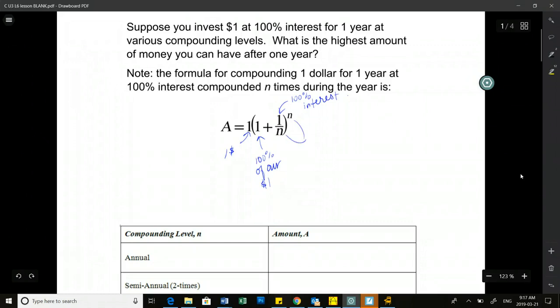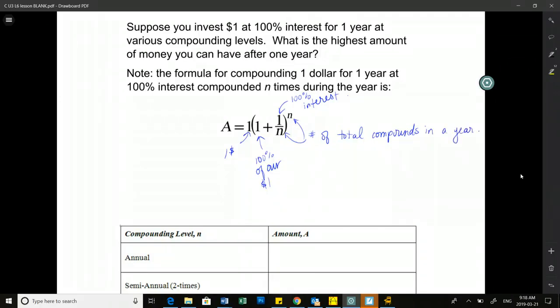And then our n here is going to represent the number of compounds. We're just going to look at this annually, so this is just the number of compounds in a year.